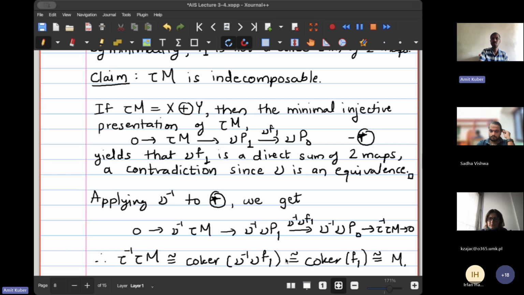But nu inverse nu F1 is just a map between two projectives, the same old projectives, which is just F1, which was M to begin with. So therefore, we get the isomorphism. Any questions? Okay. So 3 just follows from 2.